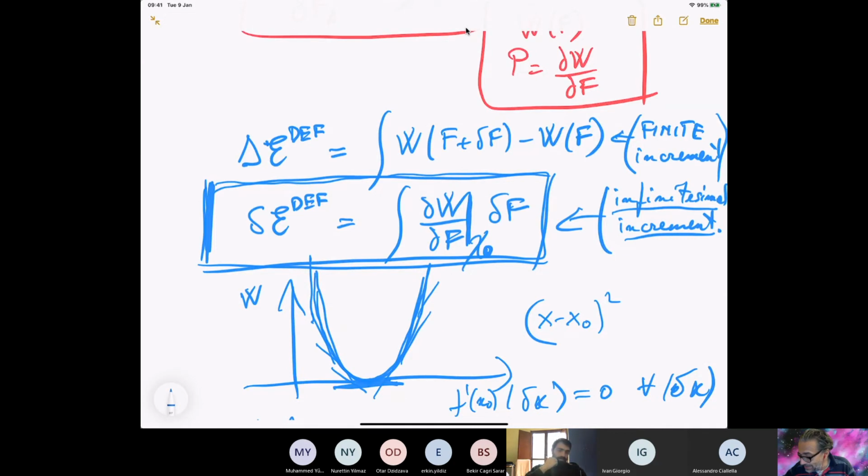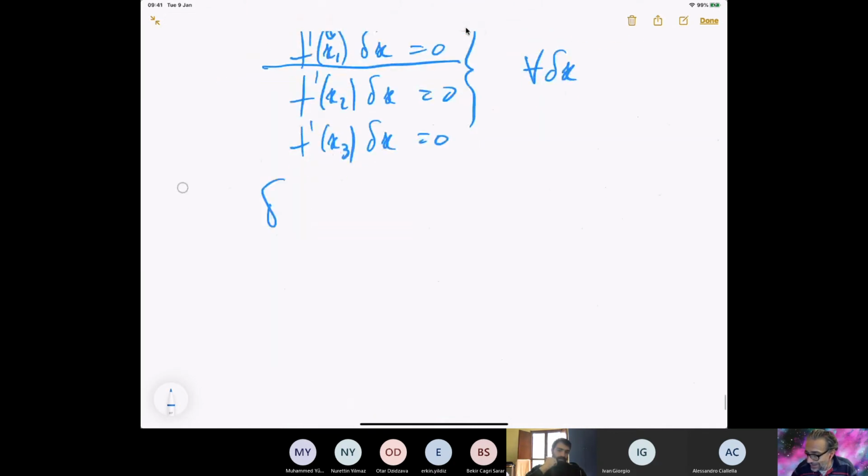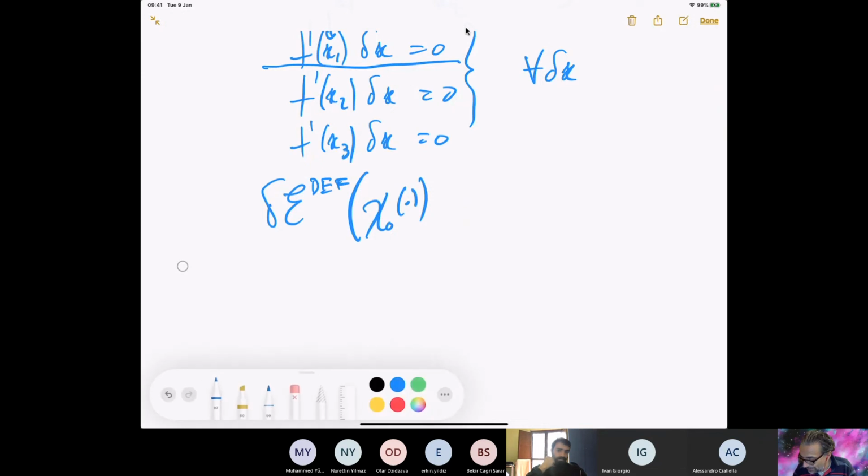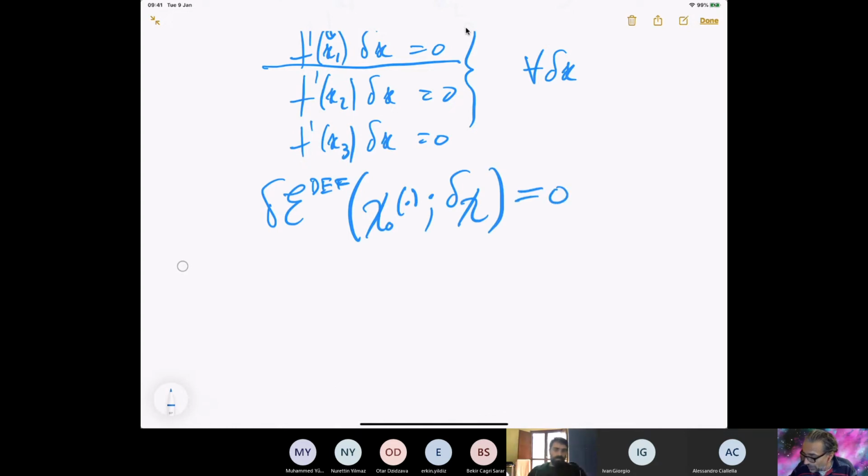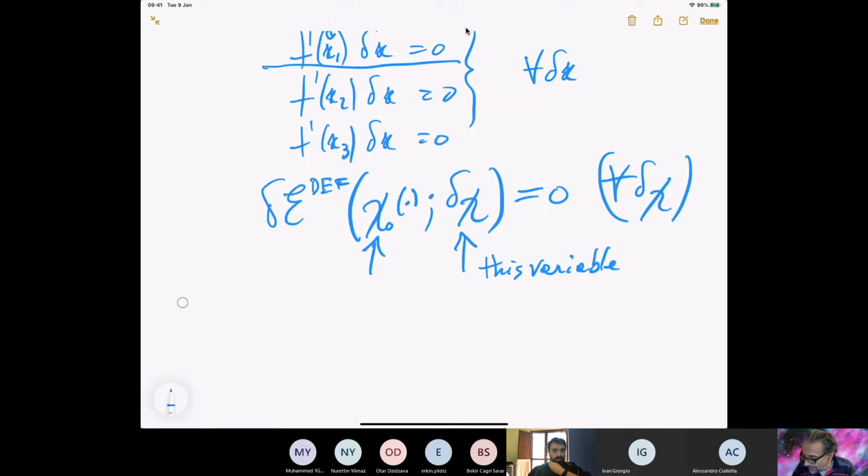Okay, and imposing that the variation of deformation energy, which is a function of chi 0 and a linear function of delta chi, is equal to 0 for every delta chi means that this is variable, this is unknown.